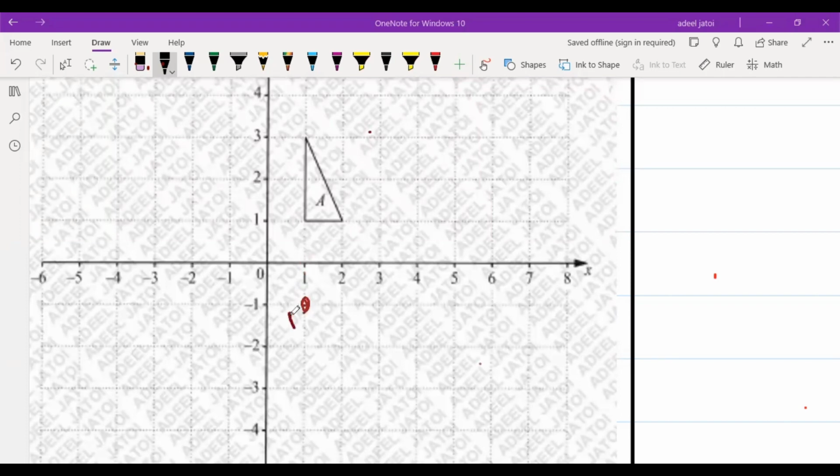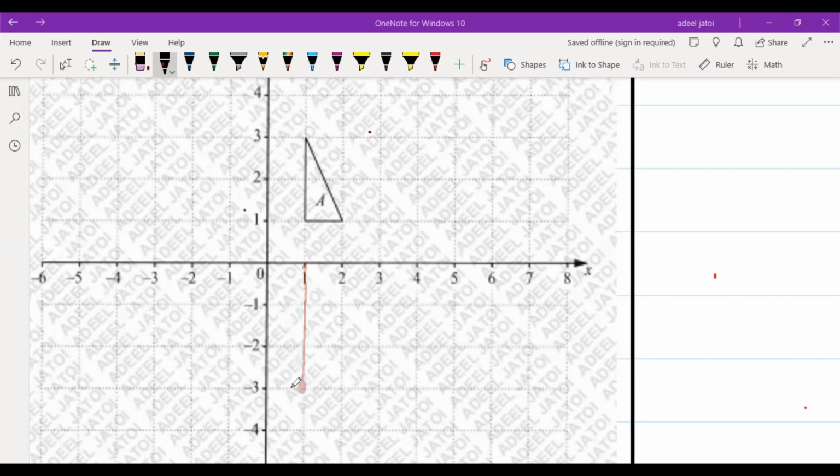So at this point, this should be A dash. For this point B, again, the object distance from the reflection line is 1, so the image distance in the opposite direction will also be 1. The object distance of this point from the reflection line is 1, 2, and 3, so the image point will also be in the opposite direction, 1, 2, and 3.